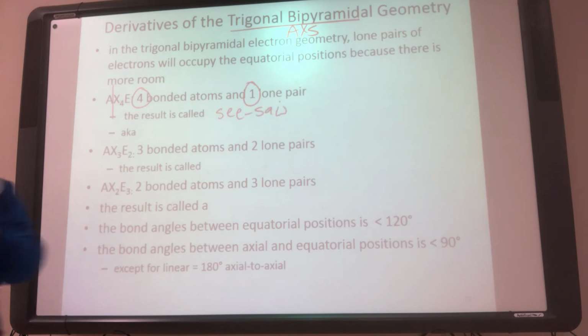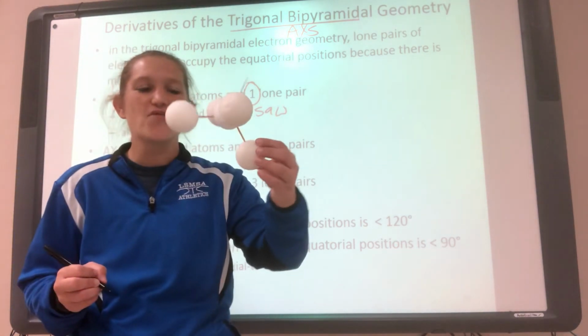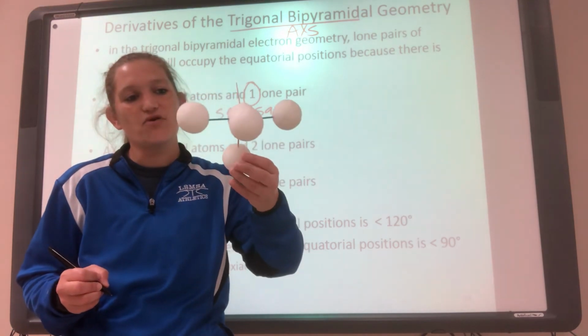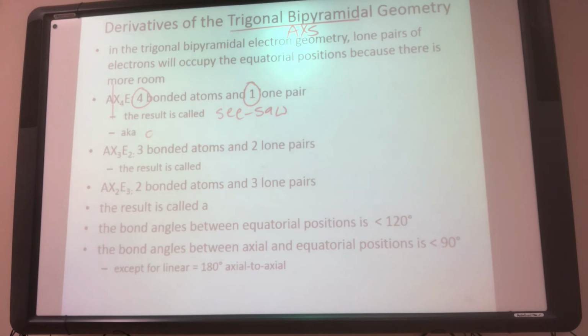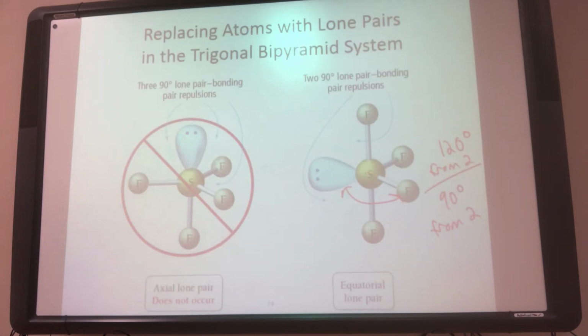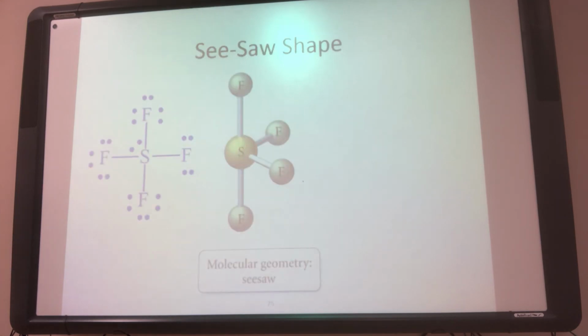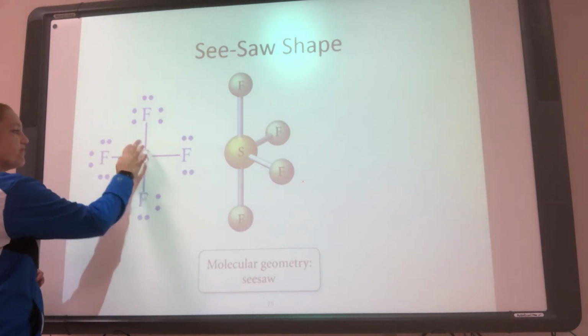And it also has 4 bonds. So sometimes they call this, because it's 4 and just a little bit funky, a distorted tetrahedron. Okay, so let's look at that one. So here's the seesaw. I would have 1, 2, 3, 4, 5 things.